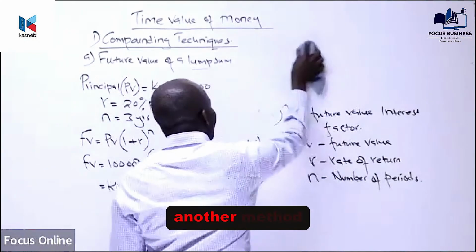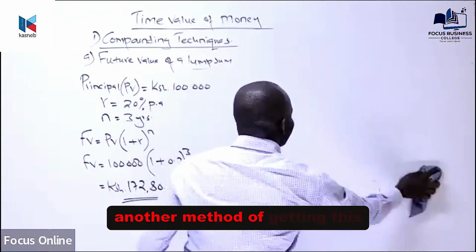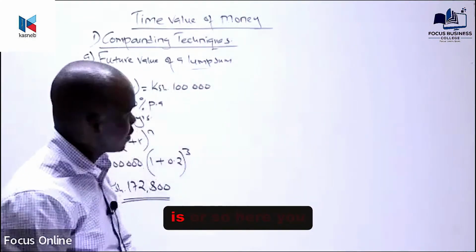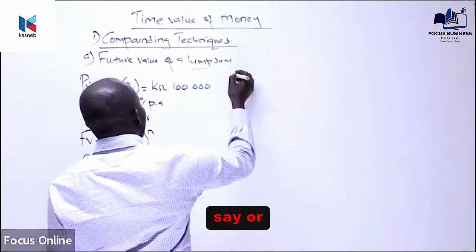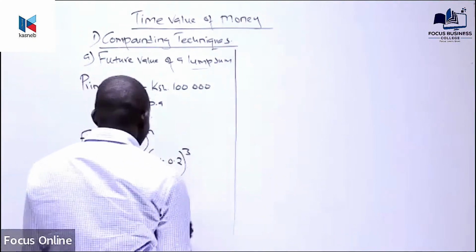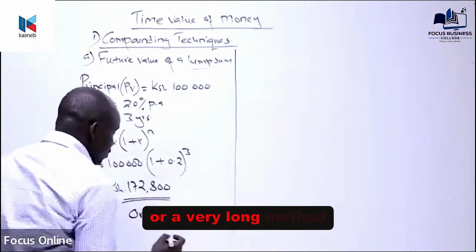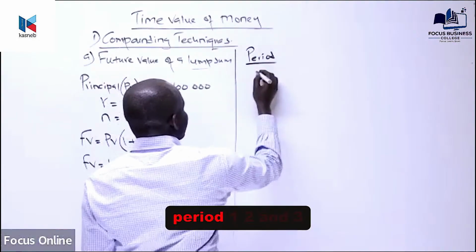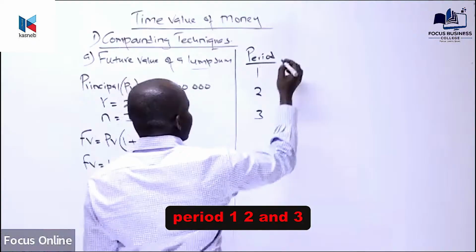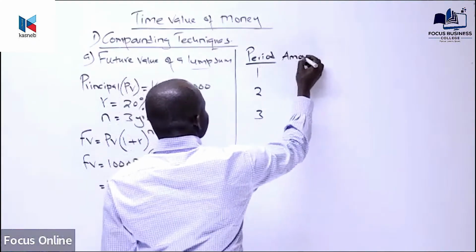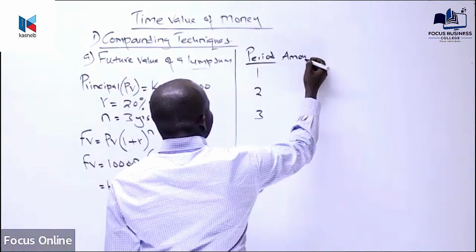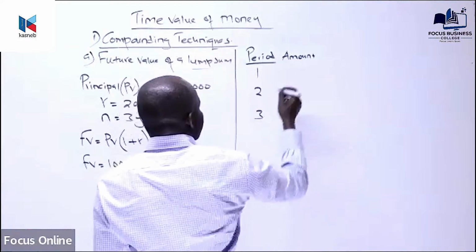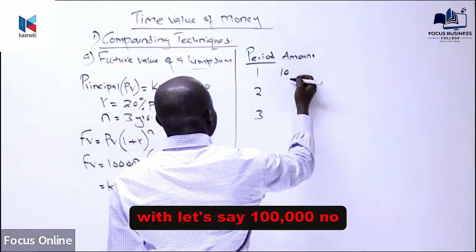Another method of getting this is OR. It is a very long method. You'll say period 1, 2, and 3, amount, let's say 100,000.